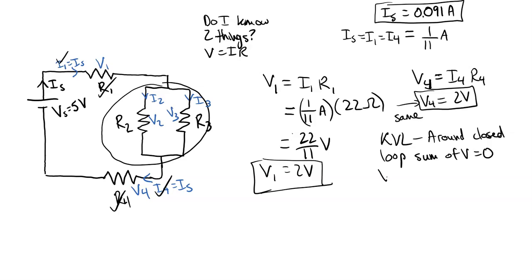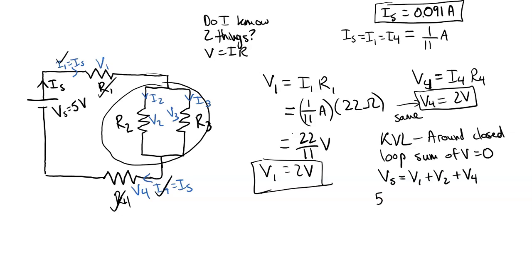Then we can say that the source voltage is equal to the voltage across resistor 1 plus the voltage across resistor 2 plus the voltage across resistor 4. A closed loop here is if we go here, and then we go to the left on that path down here, and then back through R4 and back up to the battery. That is a closed loop.